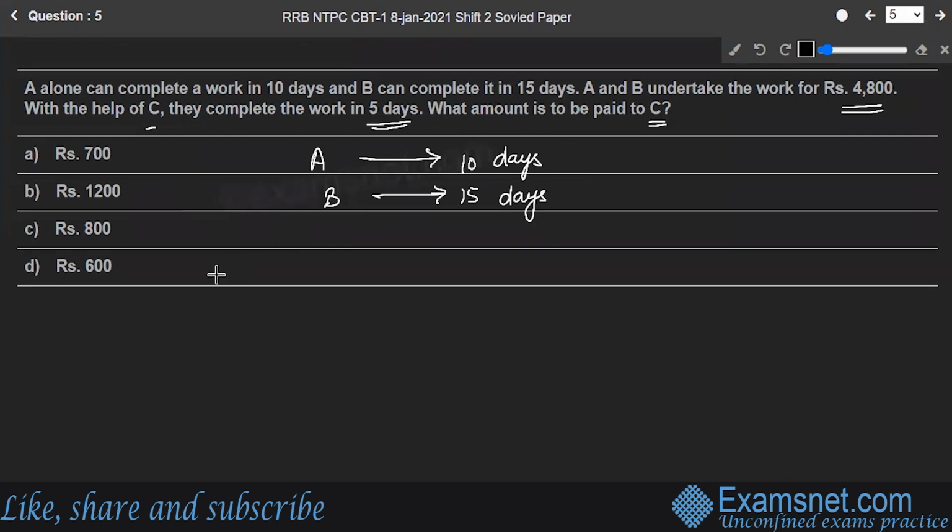Okay. So that means A, B, C, when they three work together, they take 5 days to complete the same work. And the amount that is earned is rupees 4,800, right?